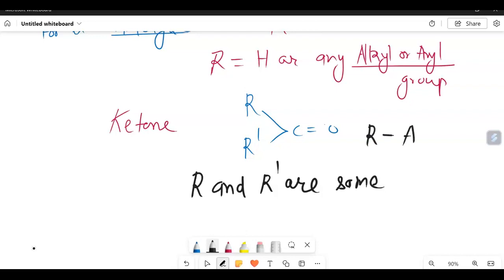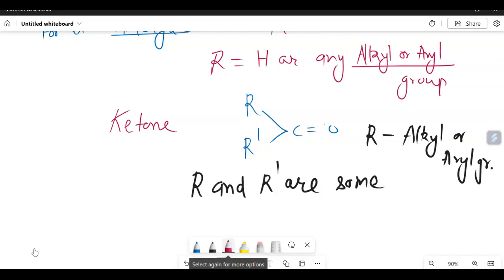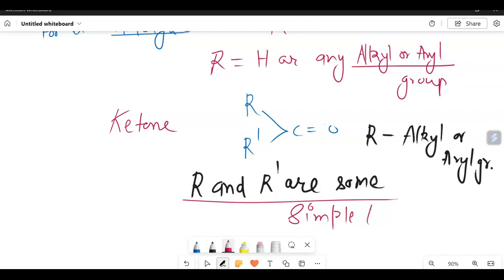R and R dash will be alkyl or aryl group. If R and R dash are the same, we call it simple ketone.